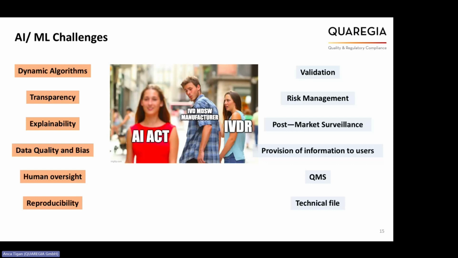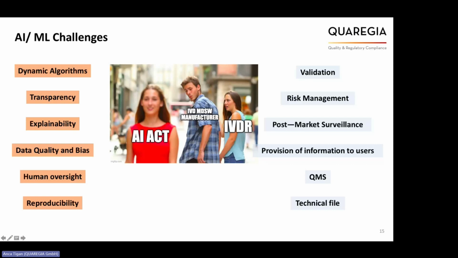The AI Act comes on top of that and aims to regulate aspects related to human oversight and data quality and bias. The AI Act's focus is really to be a global benchmark for AI and to include ethical considerations and control of our algorithms into the equation.